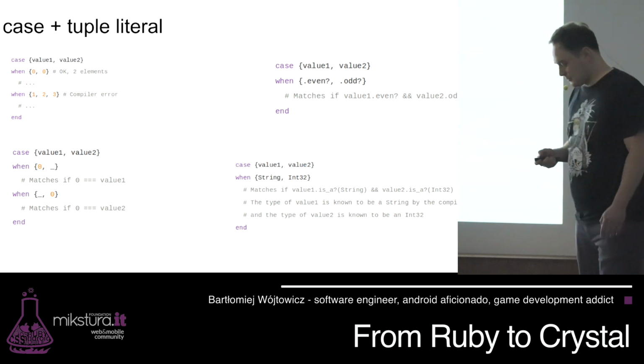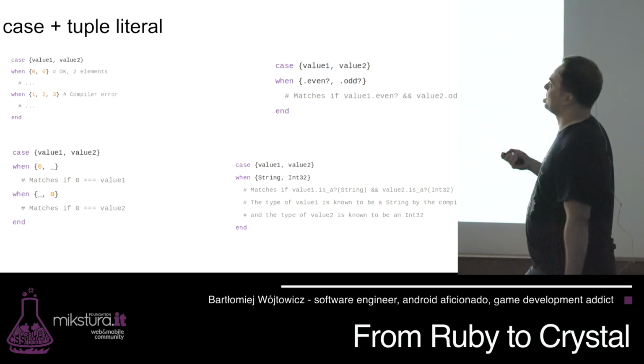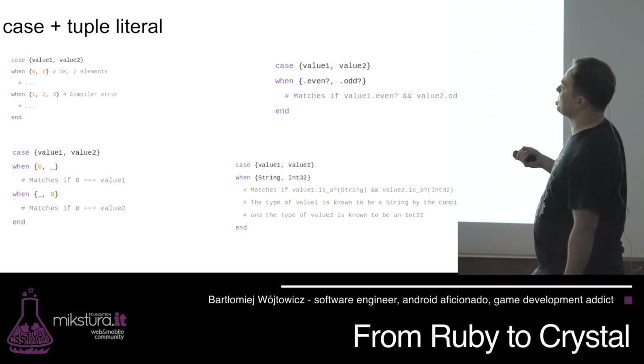Okay, so there's another thing, that's the tuple with the new type that was introduced in Crystal. You can check the specific values. So as you can see, there's a tuple that I check, and if it matches those two elements, it's going to execute this block.